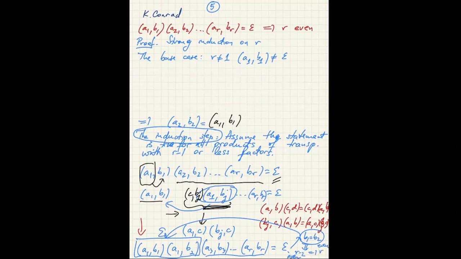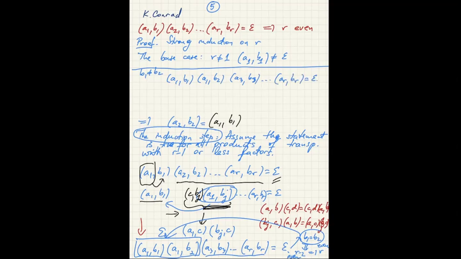But what if B1 is not equal to B2? Then we're going to have A1, B1, A1, B2, and the rest of them A3, B3, going to AR, BR equals the identity.